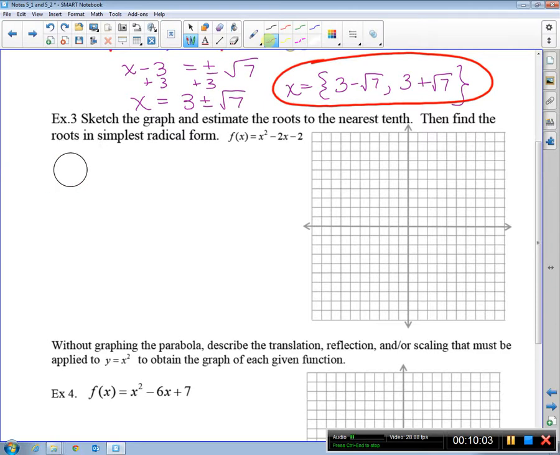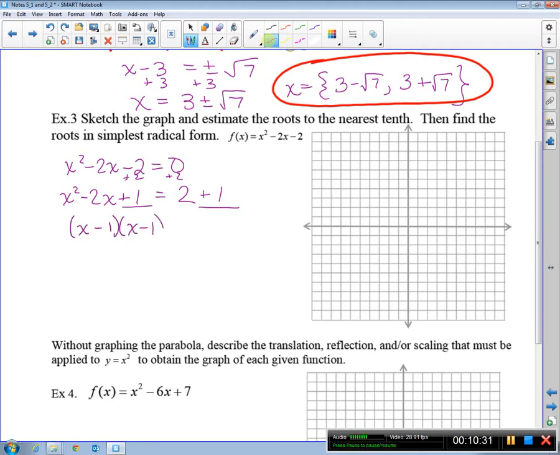Actually, get my x values alone, bring my 2 over, leave space. Half of 2 is 1, negative 1, negative 1 squared is still positive 1, always will be. Perfect square, it factors into x minus 1.